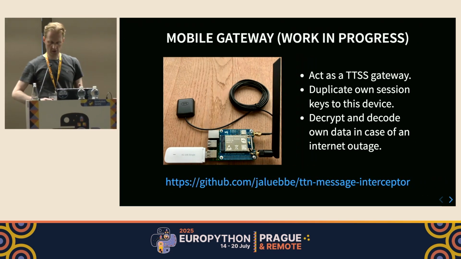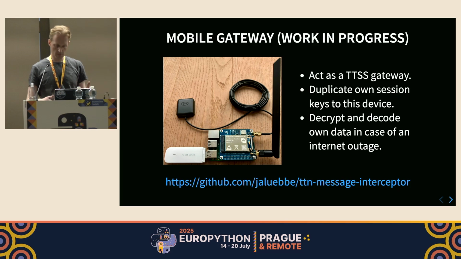At first, I was considering just to make my own cloud on my local device, but then I decided it would be more useful, in those cases where the internet is still available, to use the grained coverage from The Things Network, which covers more or less Europe, but have a fallback for the local application. And this is done in my case, which is currently under development. Yeah, but you can see the progress in my GitHub repo mentioned there.